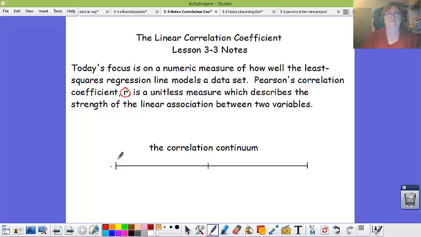It's on a continuum, folks, with the smallest value possible being -1, the highest possible value being 1, and right in the middle, of course, 0, which would mean that there's no association or no correlation. A -1 represents a strong negative correlation or a strong negative linear relationship.